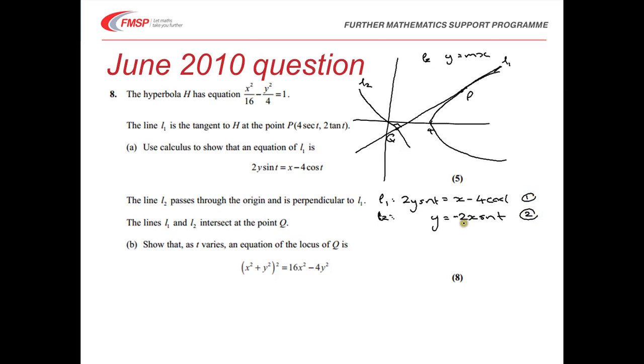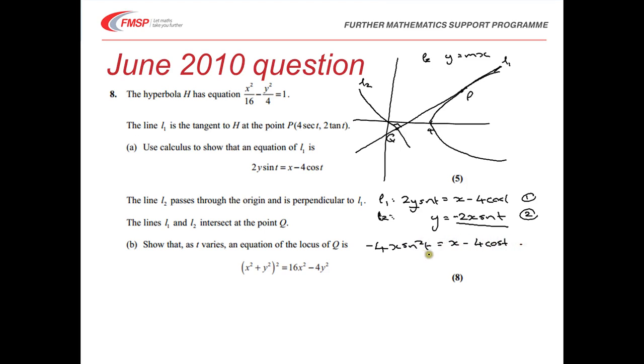What I'm going to do is substitute the value of y in terms of x from L2 into L1 to give us an equation just involving x and t. So that will be minus 4x sine squared t equals x minus 4 cos t.